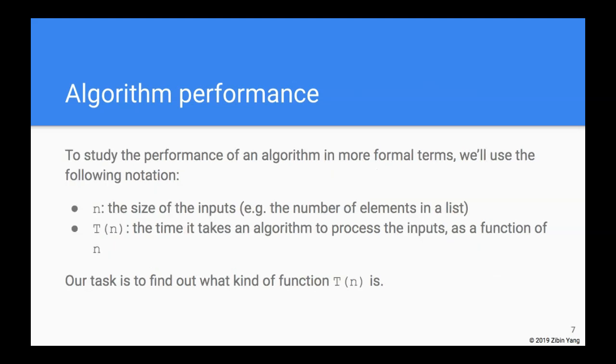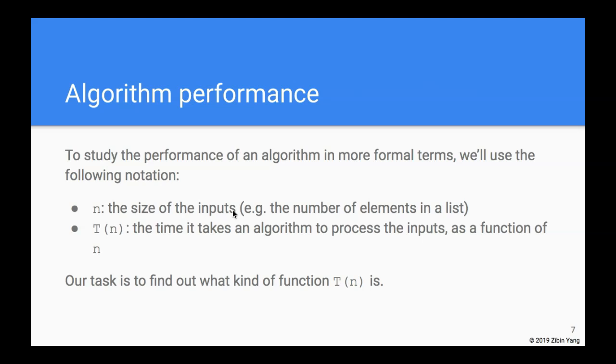To study the performance of an algorithm in a more formal way, we usually have two notations. One is just n. n is usually just the size of the inputs, such as, if the algorithm has to process a list, the number of elements or items in the list.